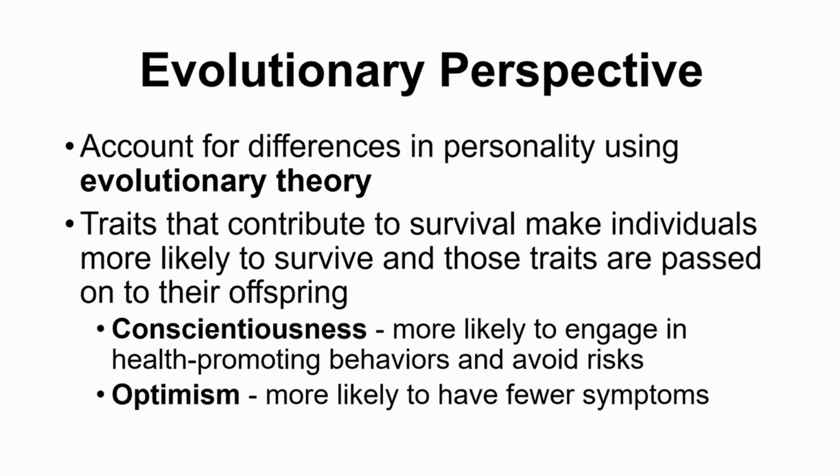I've already been hinting a little bit about those evolutionary theories or evolutionary components, where we can tell our stories about why certain types of personality traits might be beneficial in group settings.